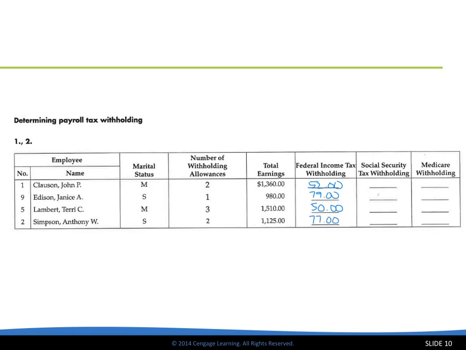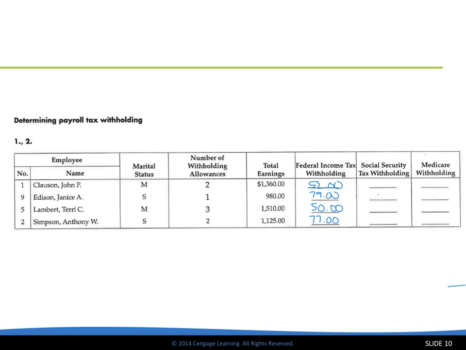Okay. So now, part 2, we need to calculate the Social Security tax and the Medicare tax. They are telling me that the Social Security tax is 6.2% and the Medicare tax is 1.45%.